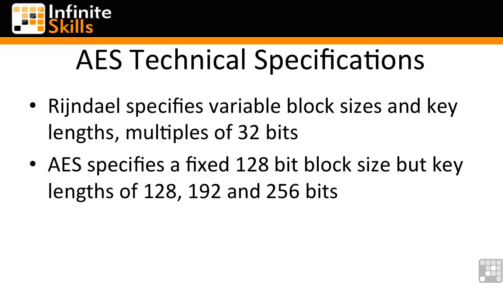When AES was published, AES specified a fixed 128-bit block size and key lengths of 128, 192, and 256 bits. So we've got, with AES, 3 different key lengths, but 1 block size.